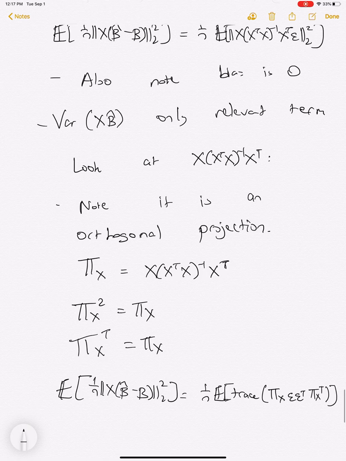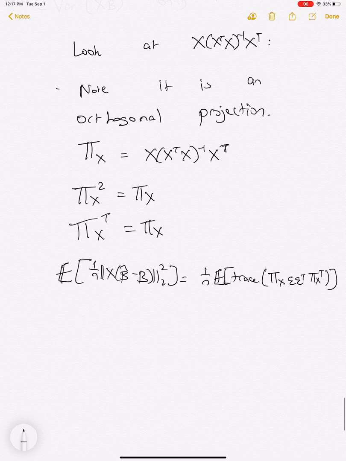Okay, and then once again, the calculations are pretty similar to the original MSE.